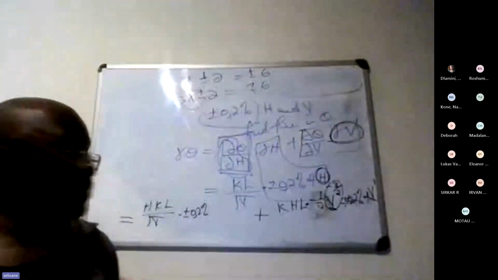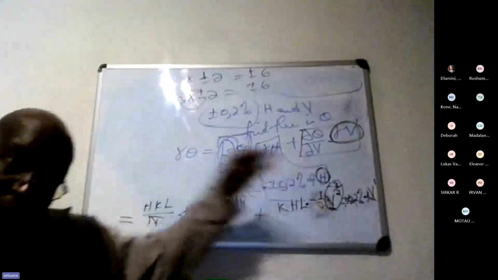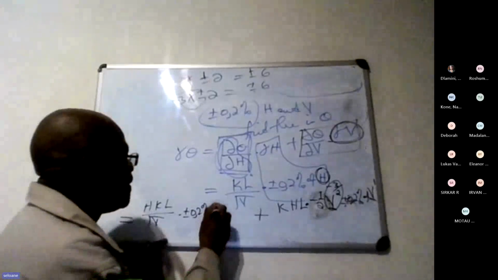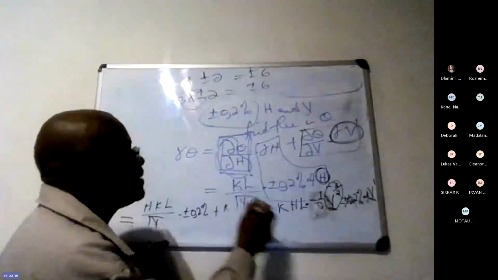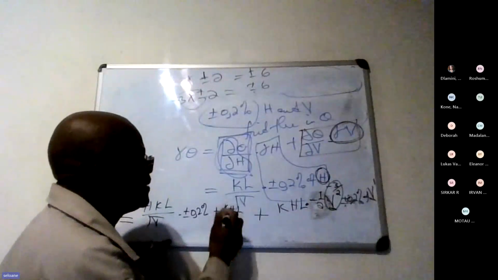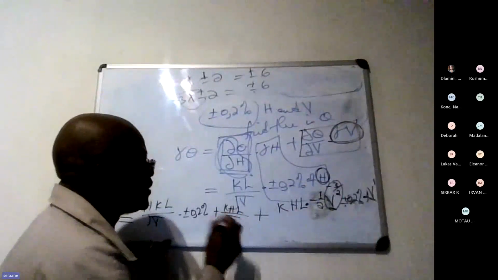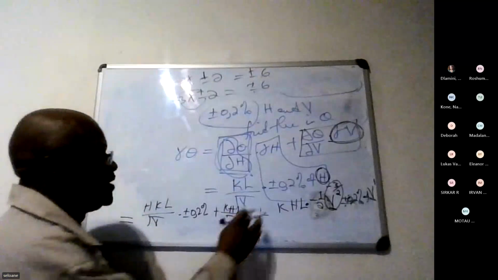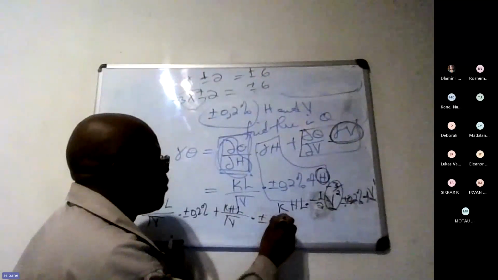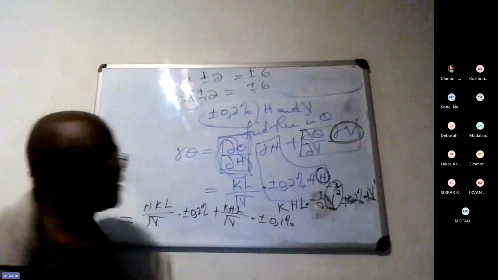And because it's minus half, we take it down, so it will be the square root of V. Therefore, this will be K, H, L divided by the square root of V, multiplied by plus or minus 0.1 percentage.